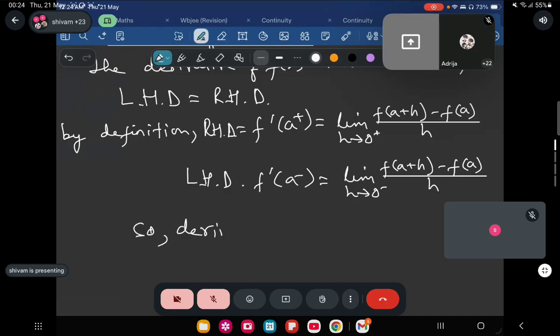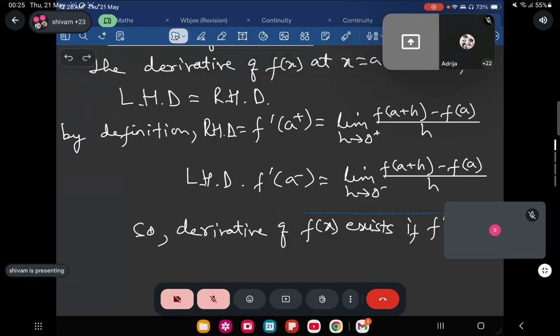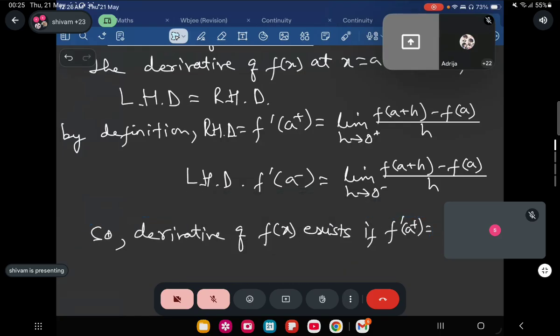The derivative of f of x exists if f dash a plus is equal to f dash a minus, is equal to some finite quantity.